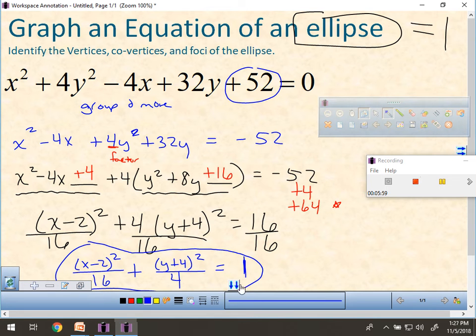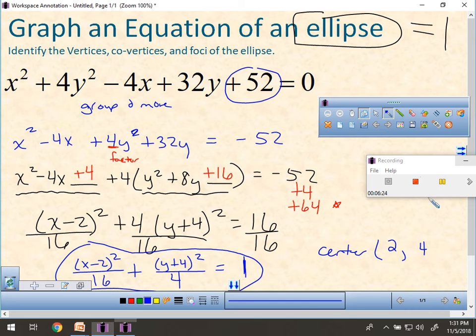And so why don't we take a second and let's graph this one. Let's talk about how this one's different. So for this one, notice that my center is going to be at positive 2, negative 4. That would be my center. So remember, you got to think opposite.